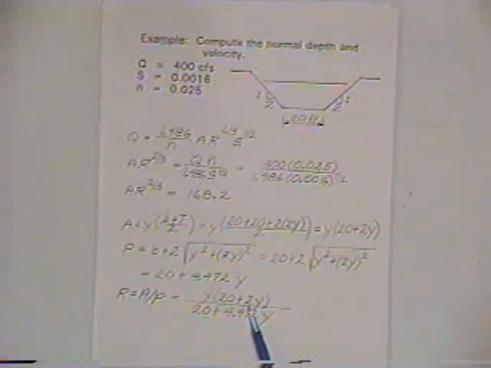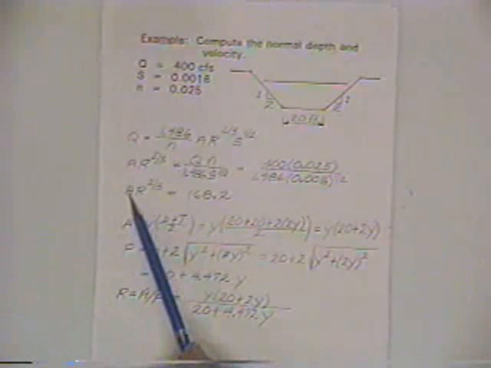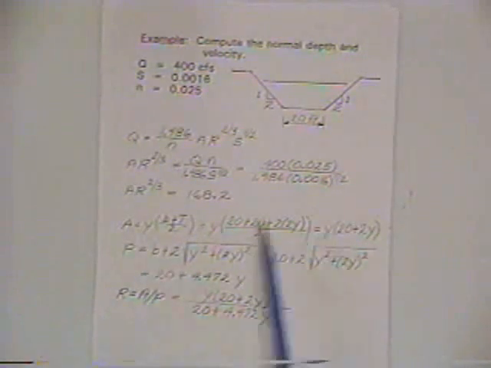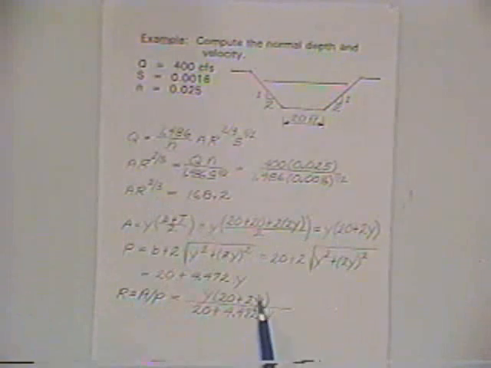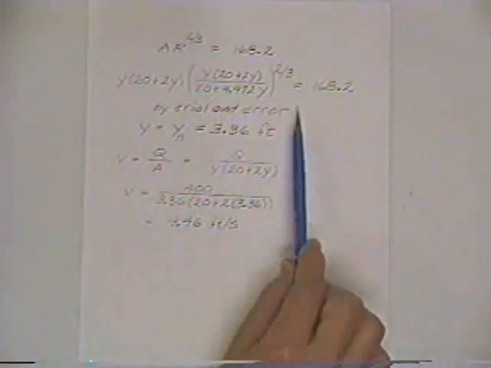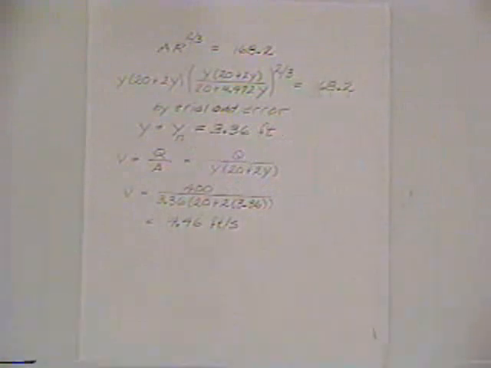So now we can plug this expression in for the cross-sectional area of flow, and this expression in for the hydraulic radius, and that's going to be equal to 168.2. When we do that, we've got an expression in terms of y, and we can solve for the depth y. By trial and error, that comes out to 3.36 feet.